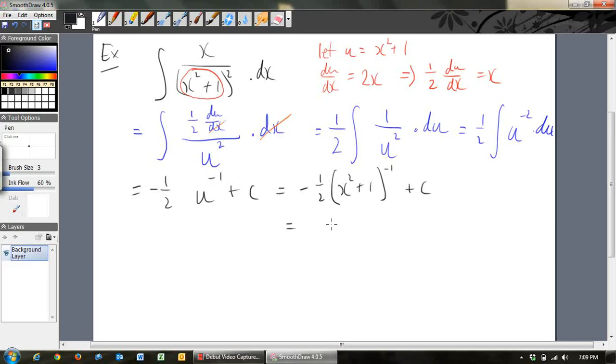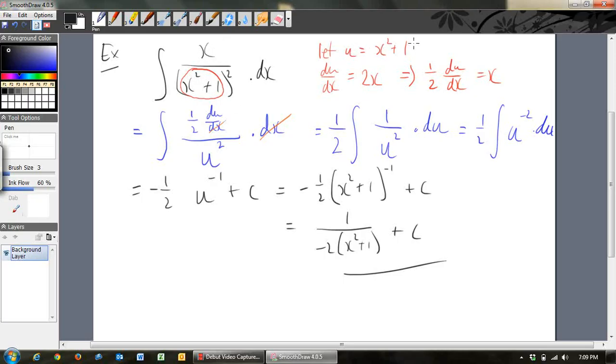Now you could rearrange that. I will. Could be 1 over negative 2 times x squared plus 1, plus c, something like that. That's fine either way. So the steps are: recognise that a substitution could be made because your inside function has its derivative on the top line somewhere.